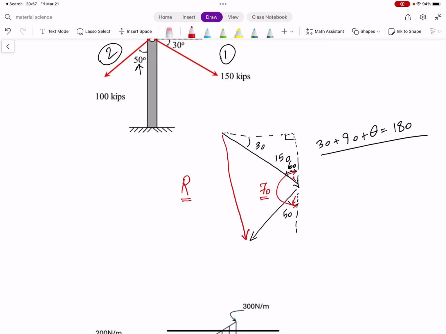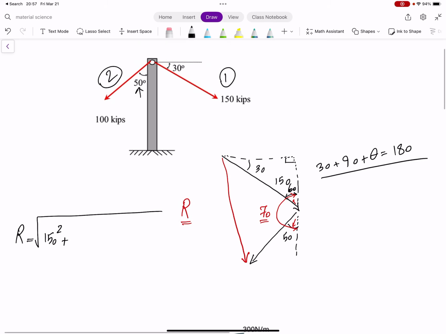For R, we can use the cosine law, right? R is going to be the square root of 150 to the power of 2, plus 100 to the power of 2, minus 2 times 100 times 150.